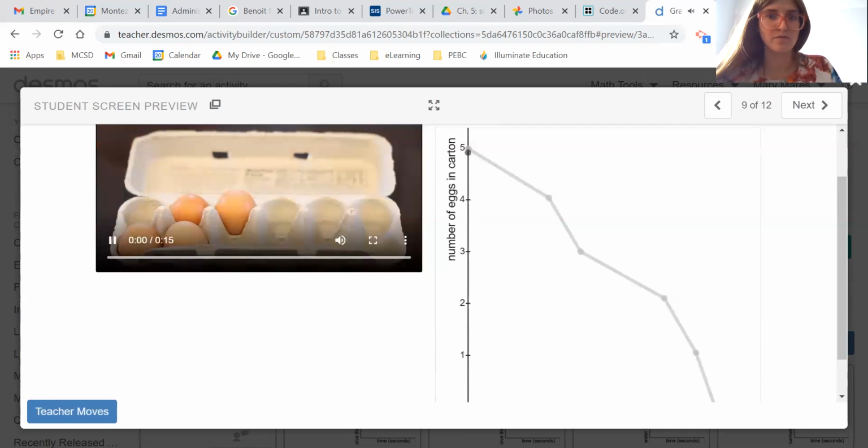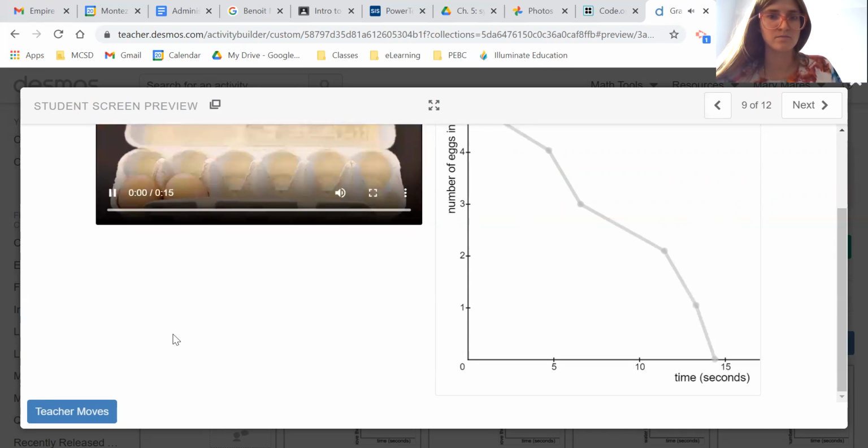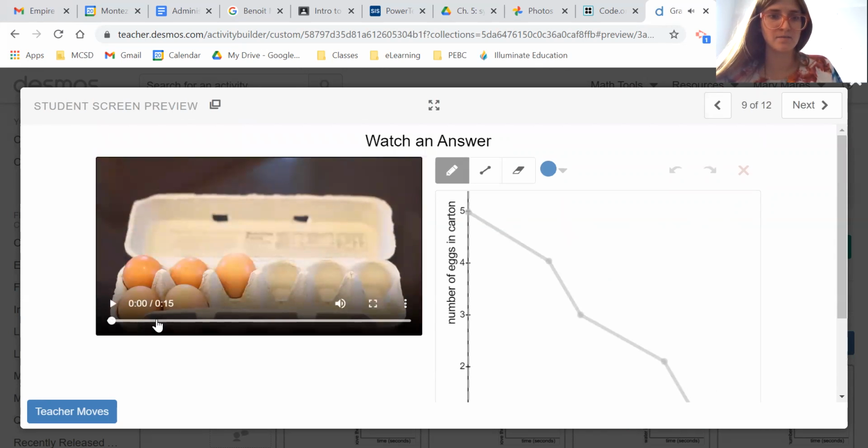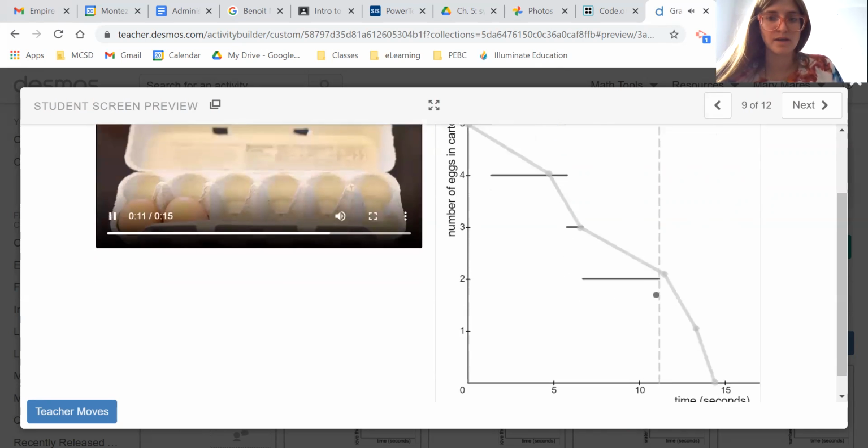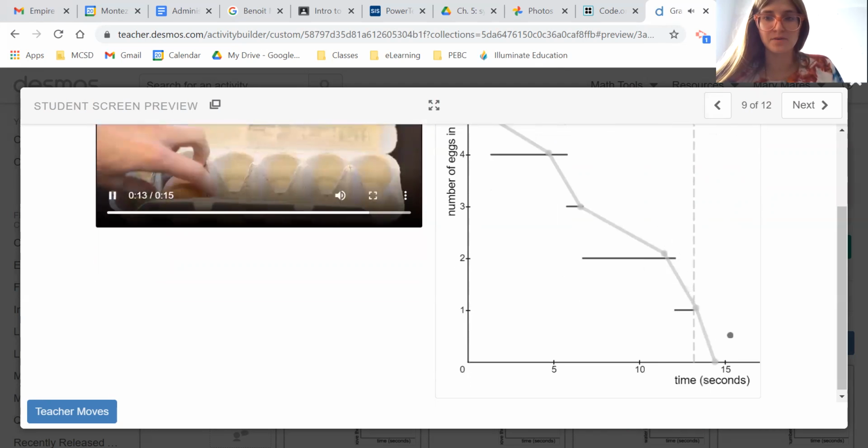Now, the next one, the eggs in the carton. This starts with 5. What's happening? Aha, interesting. So it starts at 5 and then just drops right down to 4. And then drops down.